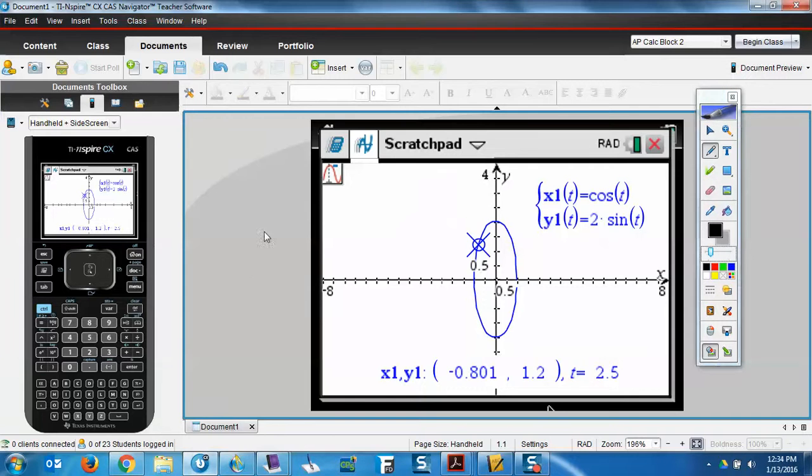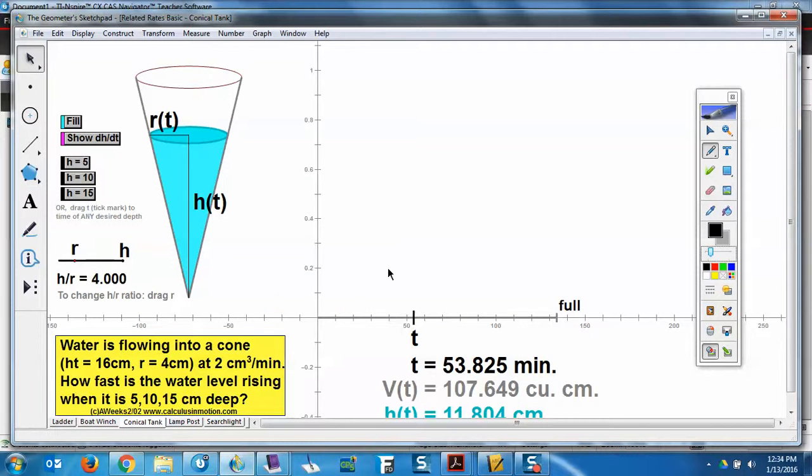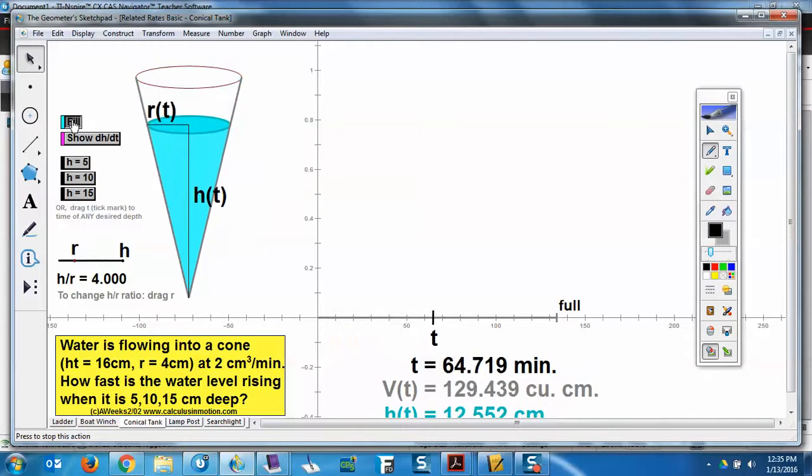We're going to do one here in a minute. Just look at this. Here's another kind of typical one. You've got a cone-shaped water tank, and we're going to fill this water tank. And so the questions you might be asked: how fast is H changing?